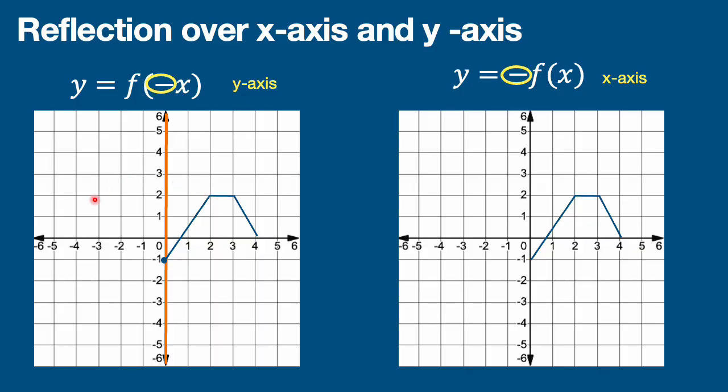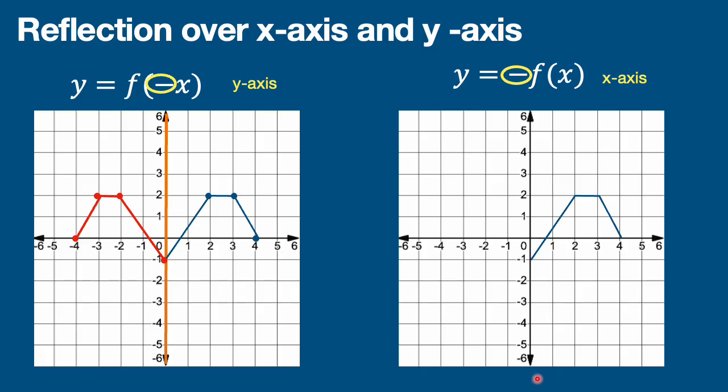Reflecting over the y-axis means the sign of x changes. 2 and 2 becomes negative 2 and 2. 3 and 2 becomes negative 3 and 2. 4 and 0 becomes negative 4 and 0. You connect the points, then you have the graph reflected over the y-axis.